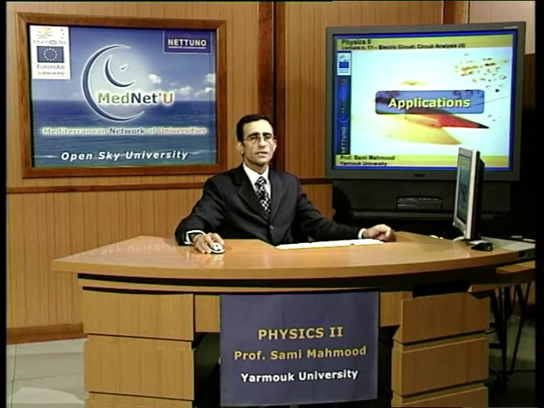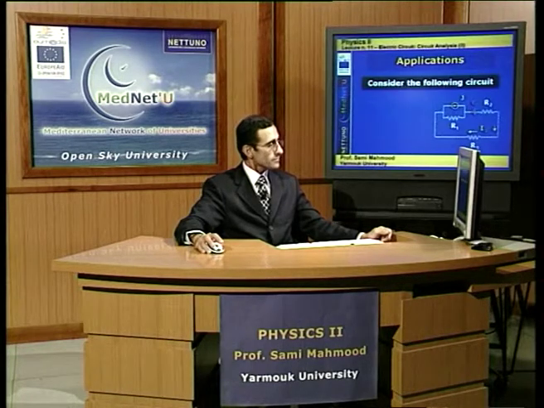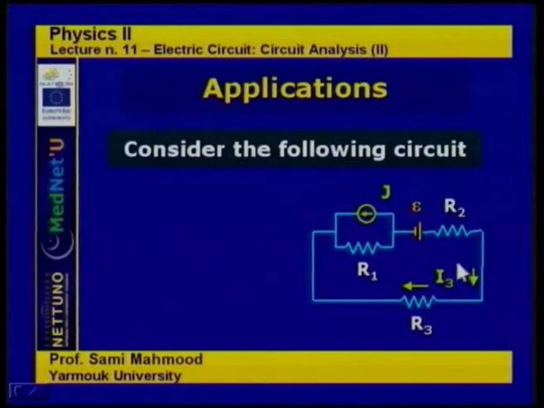And now we apply these concepts to real circuits, and let's assume that we have this sort of not so simplistic circuit with a current generator with a resistance R1 in parallel with the current generator, and an electromotive force epsilon connected with R2 and then connected with R3.